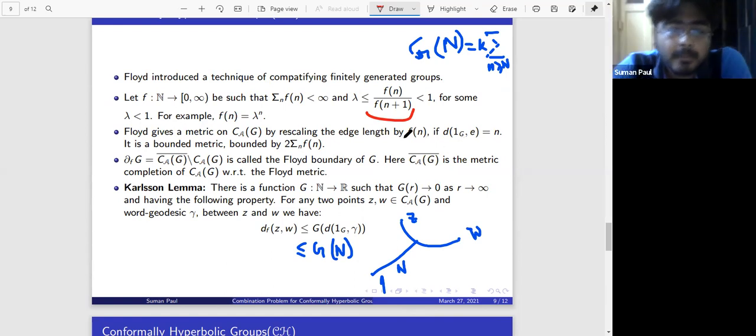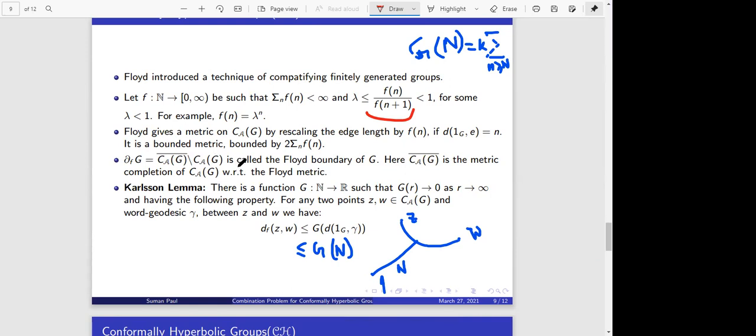So it defines a bounded metric on this Cayley graph, bounded by 2 times the summation of fn, right? Then you take the Cauchy completion, and the Floyd boundary is defined to be the Cauchy completion of the Cayley graph minus the Cayley graph.